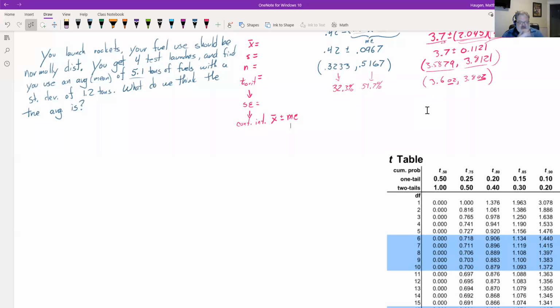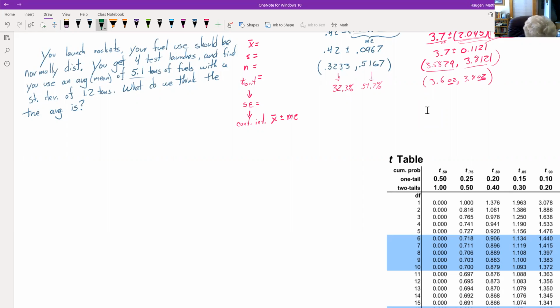Now, sometimes they might try to hide some of this information in a problem, but they won't try too hard to hide it. This particular problem, what's our X bar? 1.2? Oh, no, not our X bar.